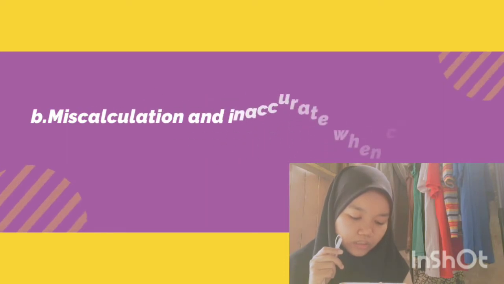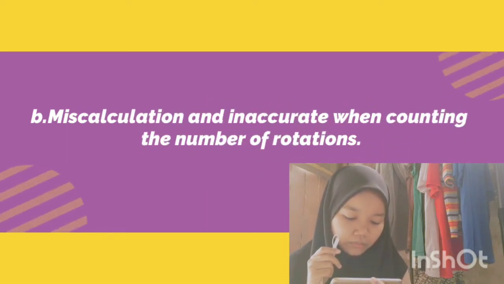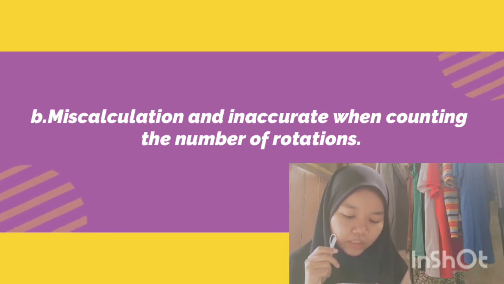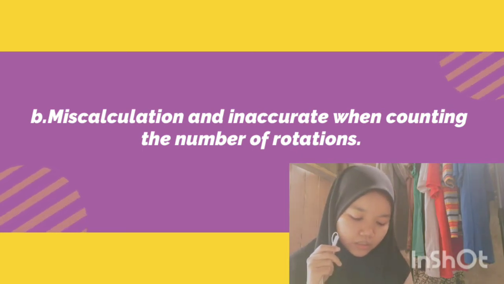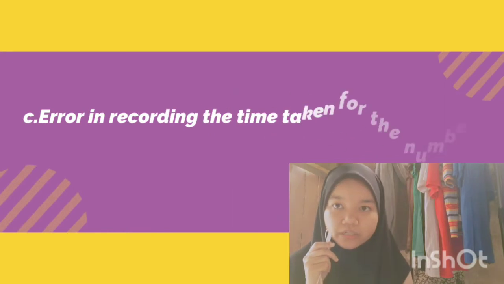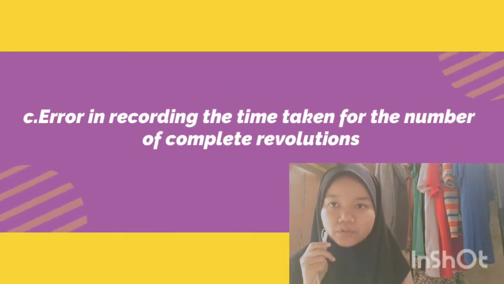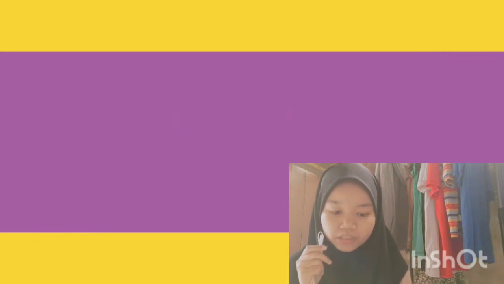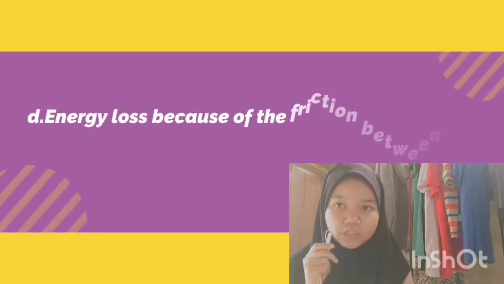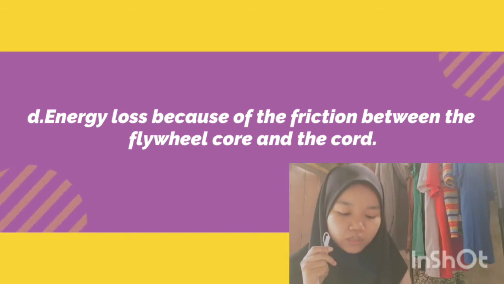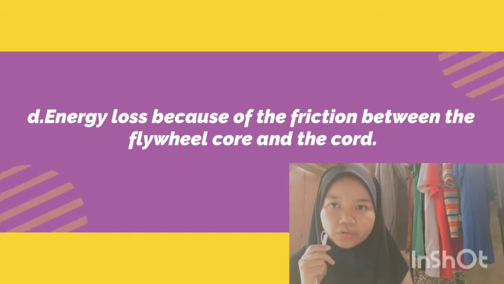Second one is miscalculation and inaccuracy when counting the number of rotations. The third one, error in recording the time taken for the number of complete revolutions. Last one, energy loss because of the friction between the flywheel core and the cord.